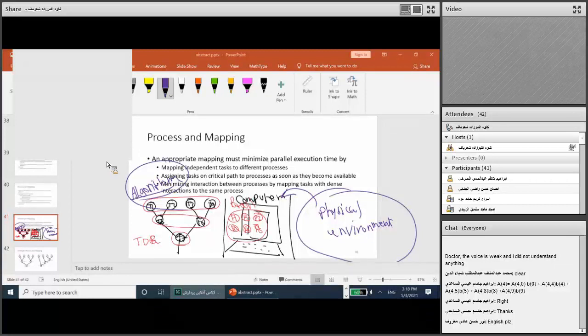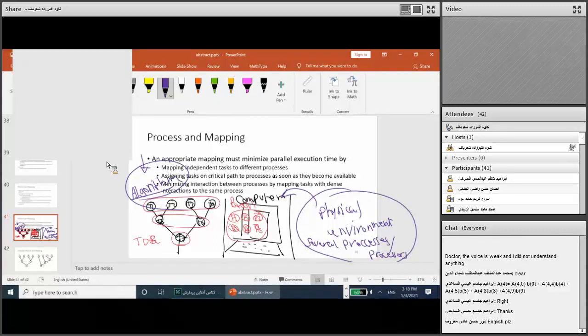We are going to execute this algorithm on this physical computer, a physical computer with several processors.